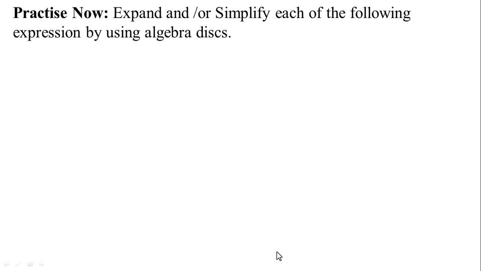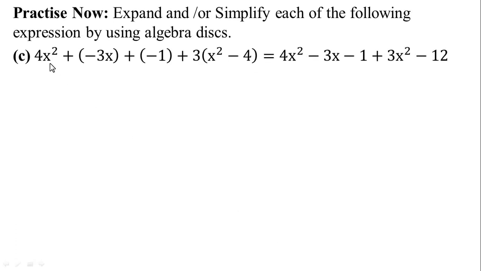Similarly in C part, given that 4x square plus into minus 3x plus into minus 1 plus 3 into x square minus 4. First of all, opening the brackets, then 4x square plus minus minus 3x plus minus minus 1 and plus 3 ones are 3x square, minus 3 fours are 12.